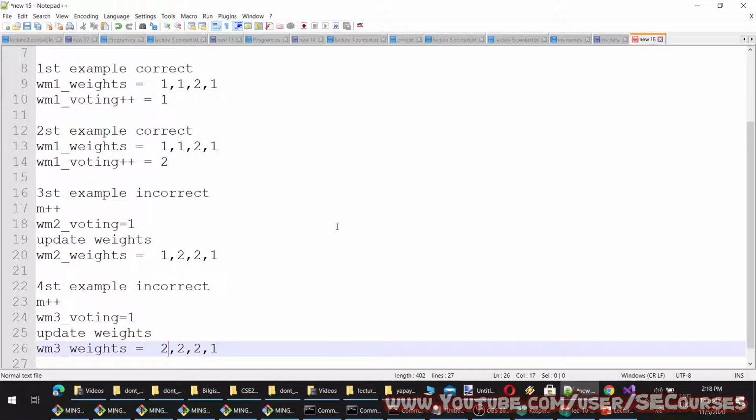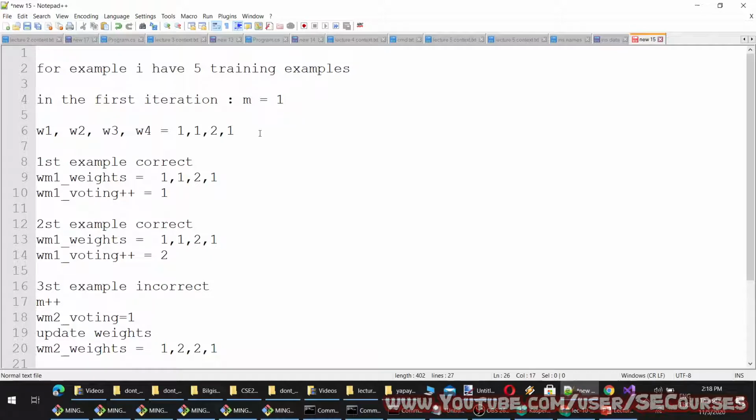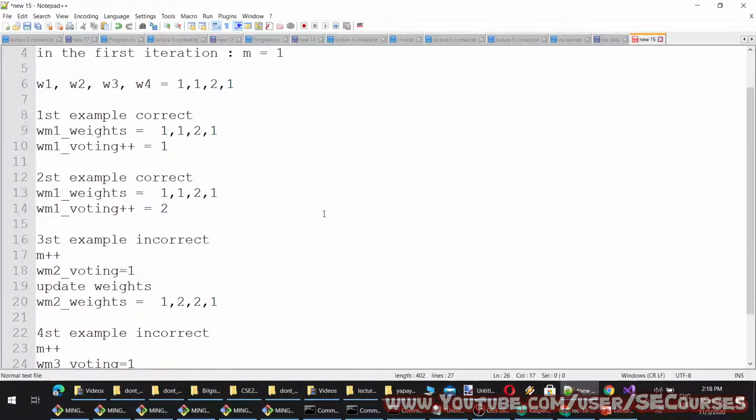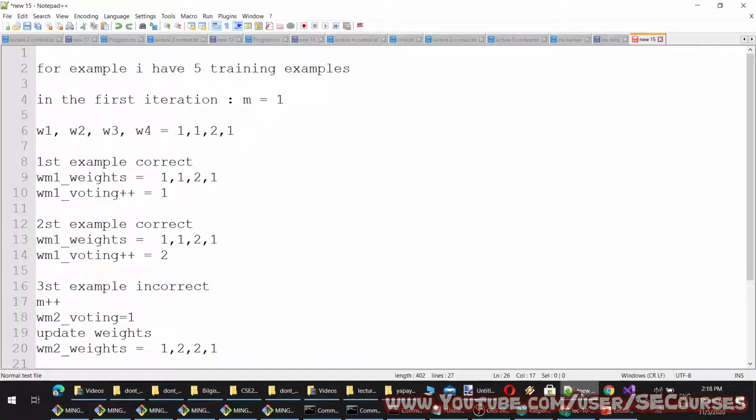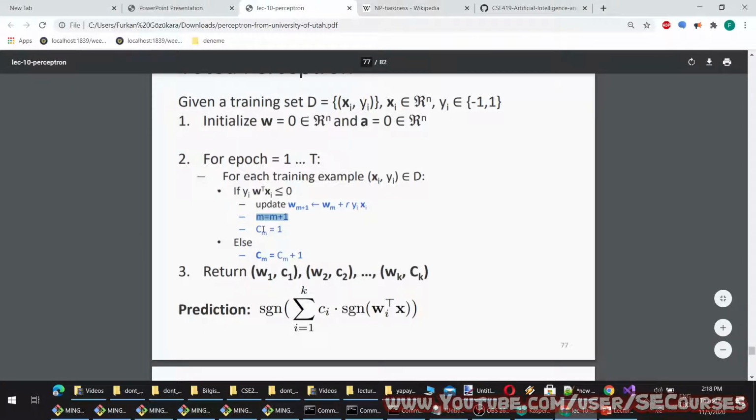Update weights, and m3 weights become like this, for example. So once the iteration ends, it starts another iteration again, and based on this, every weight gets a voting. Okay, and finally, when the training has ended, we use these cm values as a voting weight.